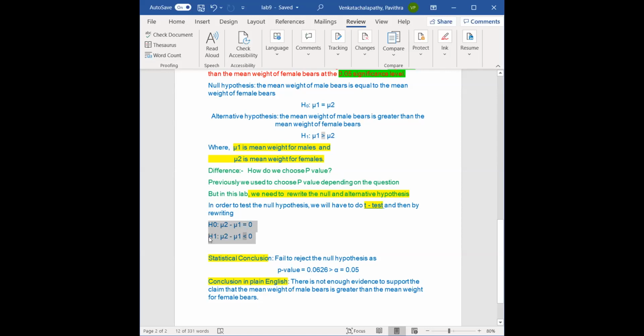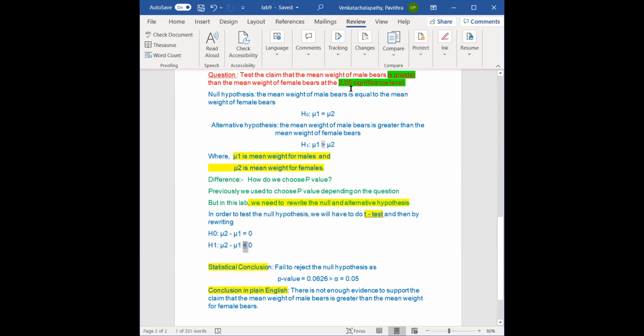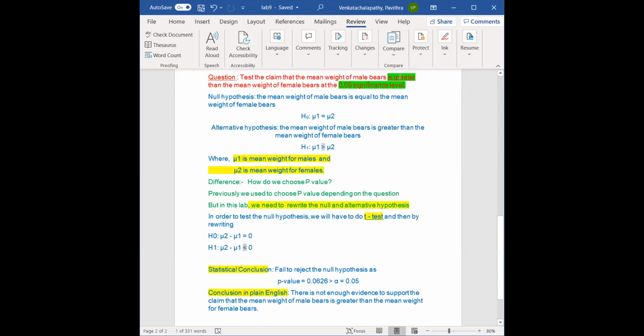Okay, and now the alternative hypothesis. Mu2 negative mu1, right? Because I got this from here, 2 negative 1, so I write mu2 negative mu1 less than 0. Why less than? The question says it is greater, right? It is greater, but I wrote it as less. Why? Remember, in the beginning, you wrote that mu1 is greater than mu2, right?